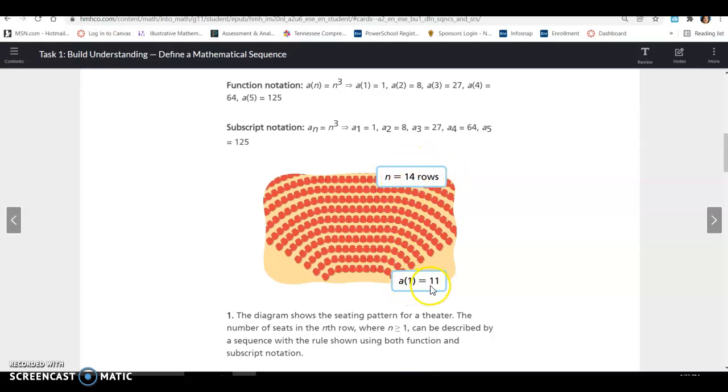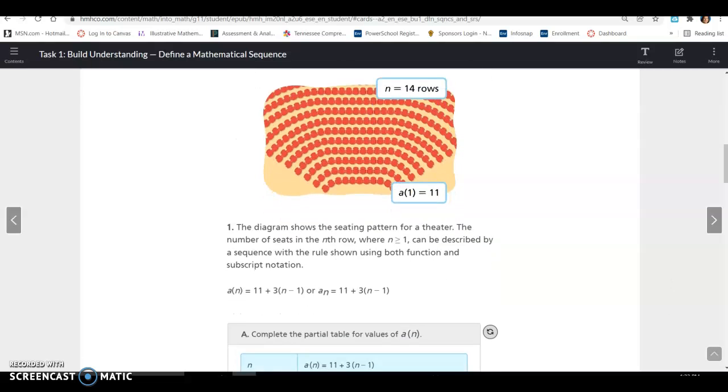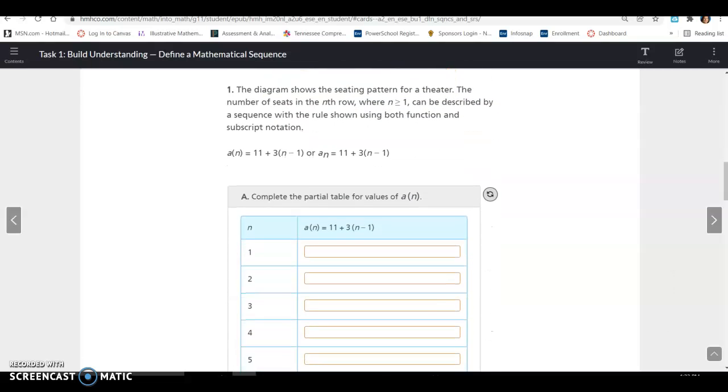The first row has 11 seats in it. All right, so A of n equals 11, that's your first term, plus 3 times n minus 1, or A sub n equals 11 plus 3 times n minus 1. So this is function notation, and this is supposed to be subscript notation.